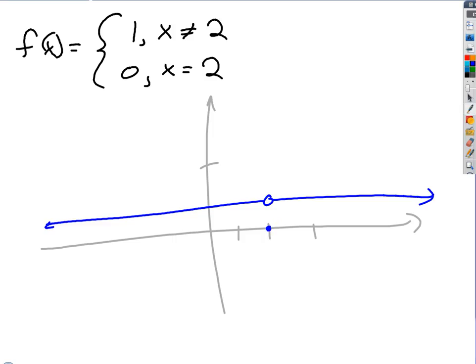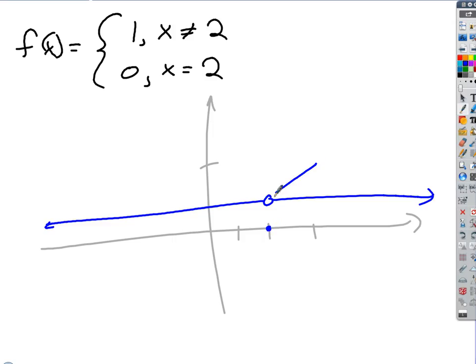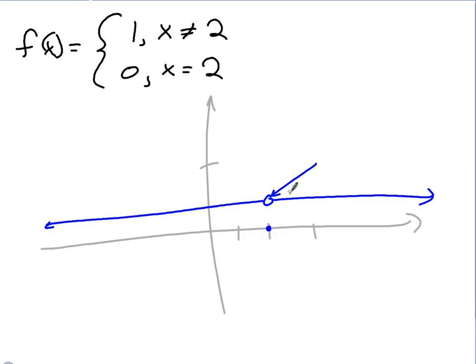We think we're going to land right there. In actuality, this is a bizarre function, and we just drop down to this other point. So the value of the function is something different than what we would anticipate we're going to step on. So there is a limit, but the limit and the function just don't agree.